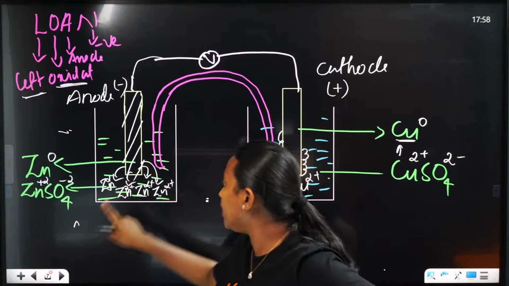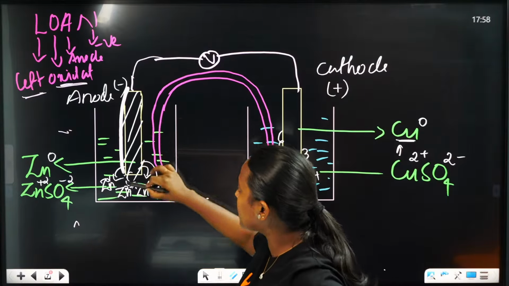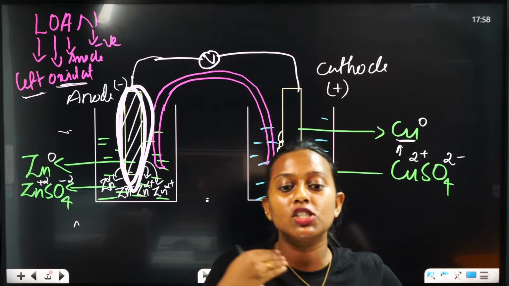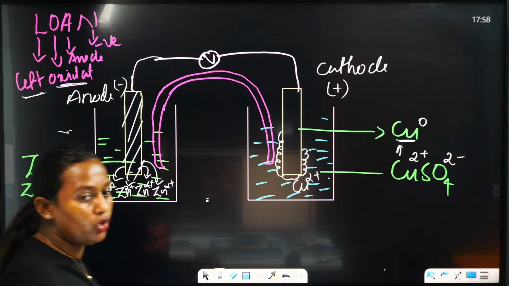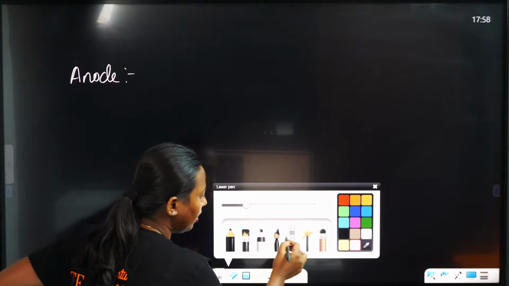So here we know that this zinc metal loses 2 electrons and forms Zn2+. Very good. So I am writing that reaction.